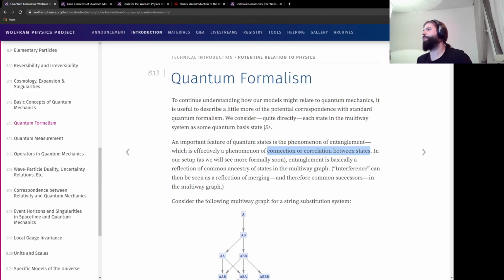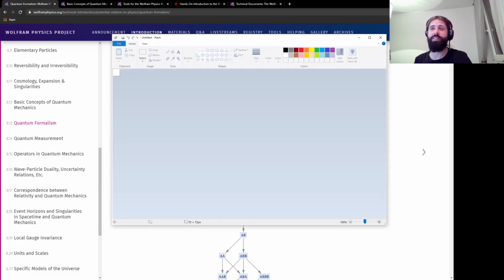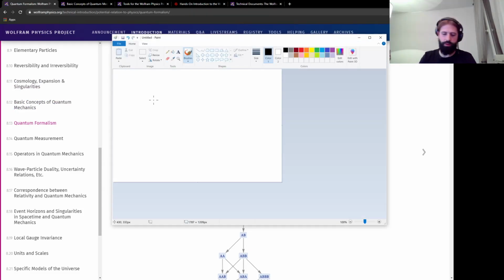Like if I have a Bell state, 00 and 11, I would say it's not that the 00 and the 11 states are entangled, right? It's rather that the 2 qubits are entangled.